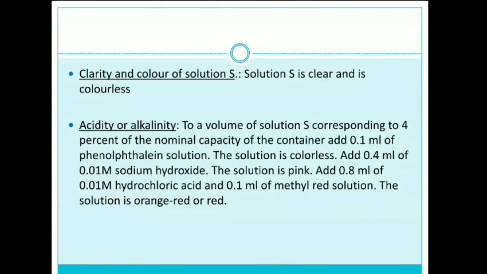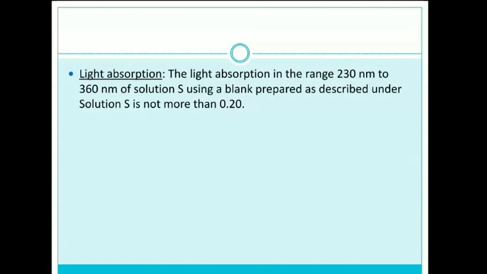If you add 0.4 ml of 0.01 molar sodium hydroxide to solution S, then the solution appears pink in color. If you add to solution S 0.8 ml of 0.01 molar hydrochloric acid and 0.1 ml of methyl red solution, then the solution is orange-red or red in color, then you can say that the test is passed or complies with the Indian Pharmacopoeia.